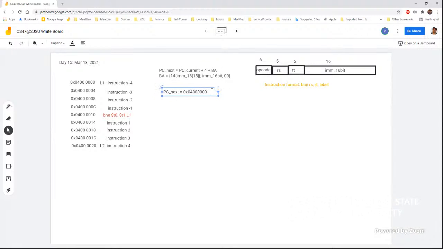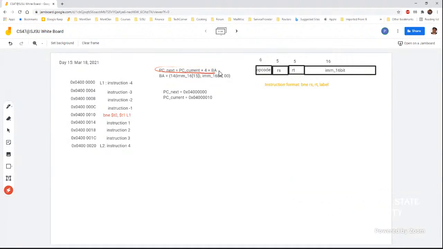And my current PC, that we also know, because it is executing this instruction BNE, which is at 0x04000010.